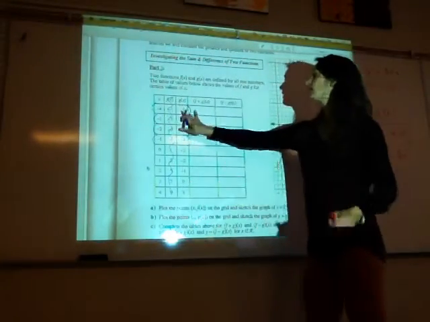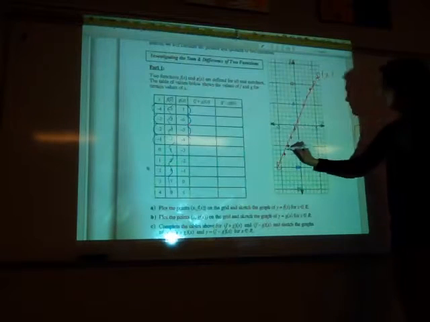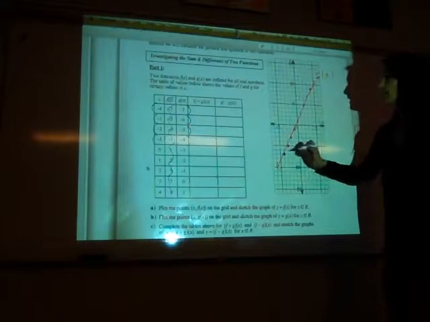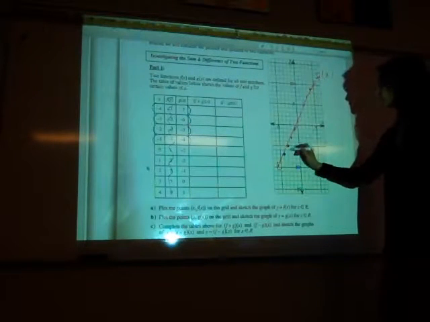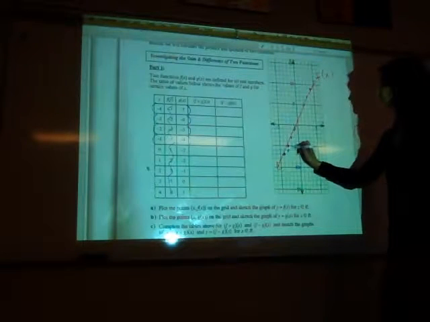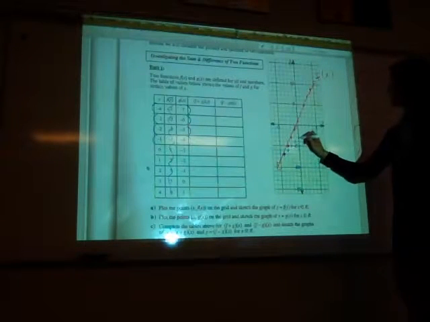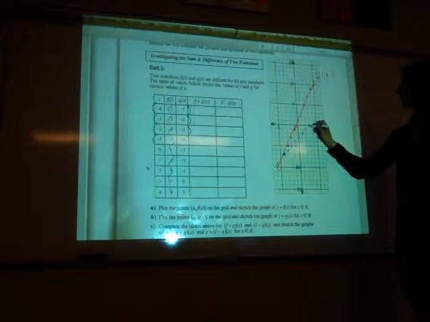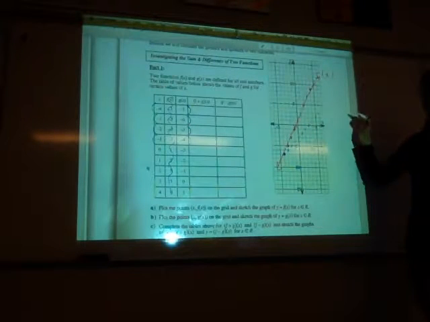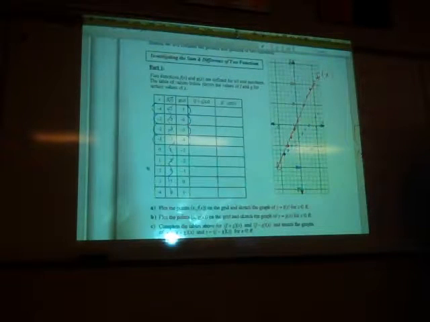Okay, so -4, -7, let's plot that. -3, -6, -2, -5. And you'll probably realize that it just has a slope of 1, so you can fill the rest in. Bit of a shortcut.